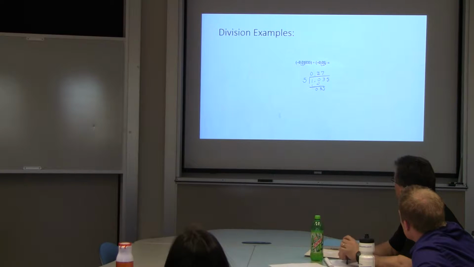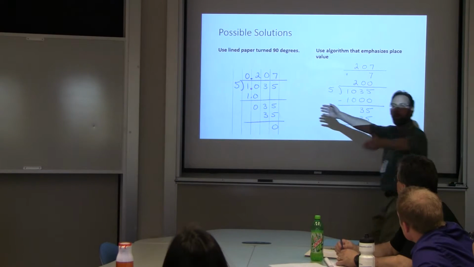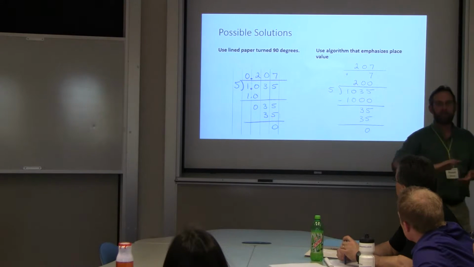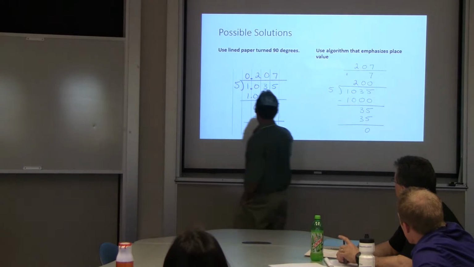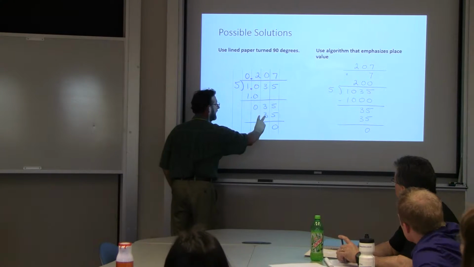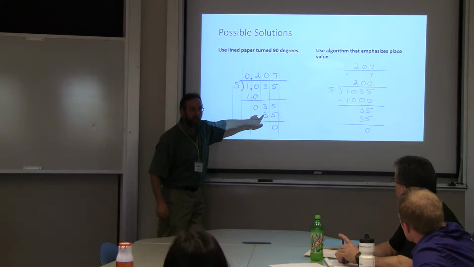Then the place value idea. This is pretty much what you said, the graph paper idea. Almost all of our students have lined paper. It's very easy just to turn it 90 degrees. We don't necessarily need graph paper. This will make sure that when they do 7 times 5 and they get 35, if it was here, where our student was in error, that 35 would pop up over here.